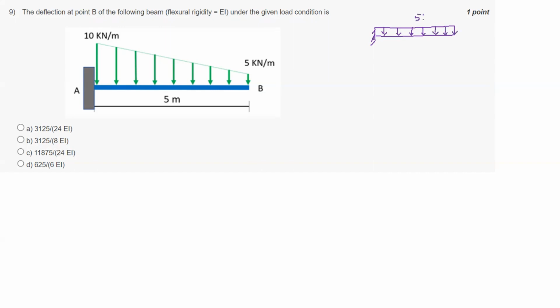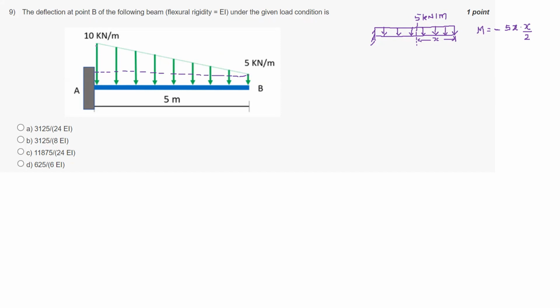If we consider x, what will be the bending moment for this? We get M due to this is equal to minus 5x, total load, into x by 2 will be the bending moment. So we have considered this rectangular part.